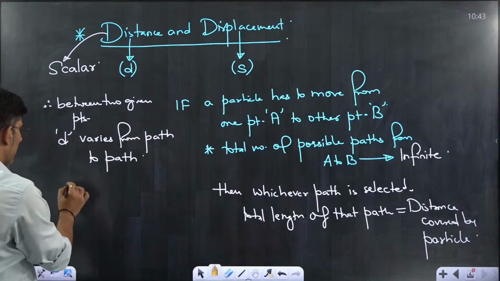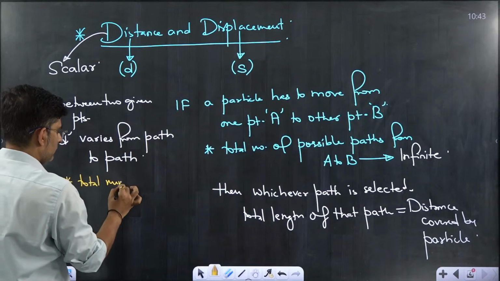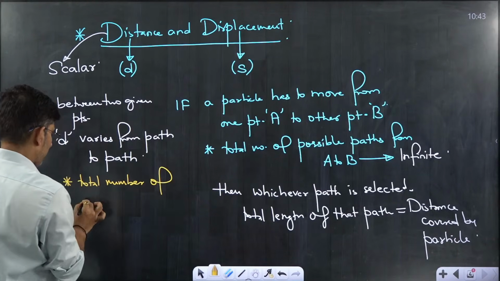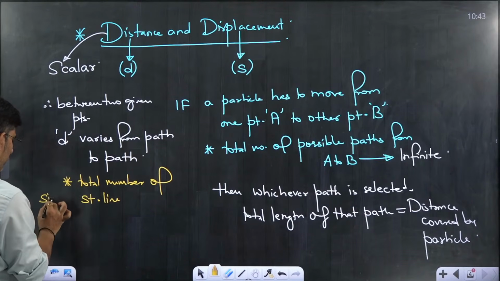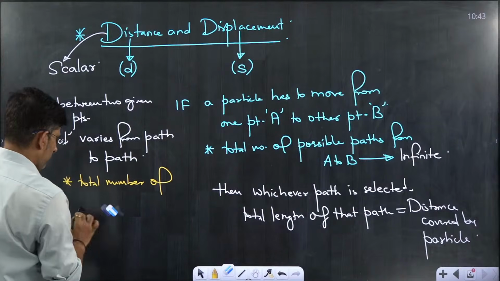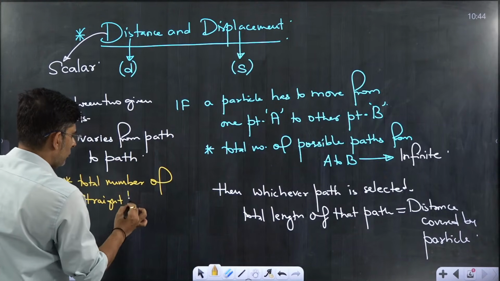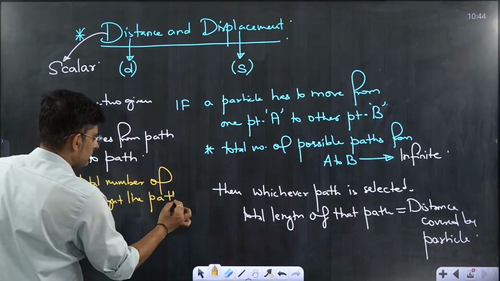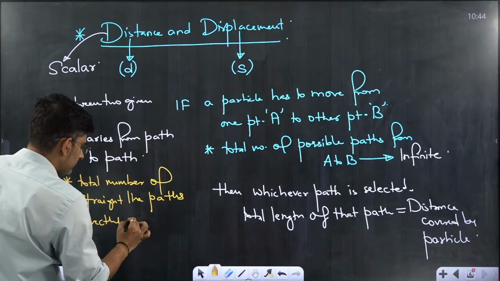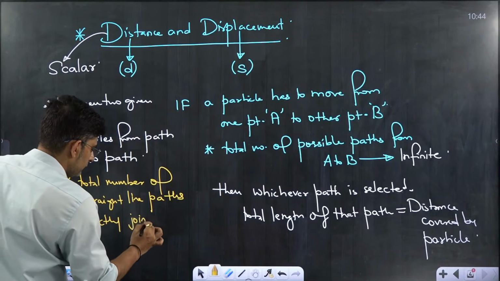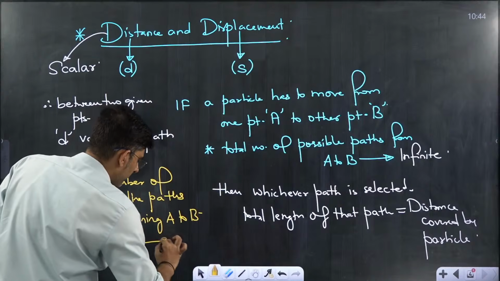So if I say again now, the total number of straight line paths directly joining A to B, where A and B are any 2 points.